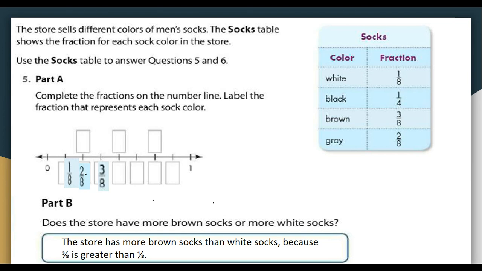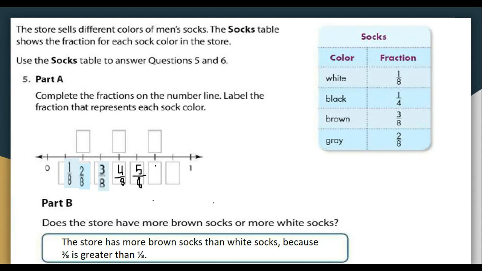So if we know this is 1/8, this is 2/8, this is 3/8, the next would be what? 4/8. Then that means the next one would be 5/8. Oops, sorry.